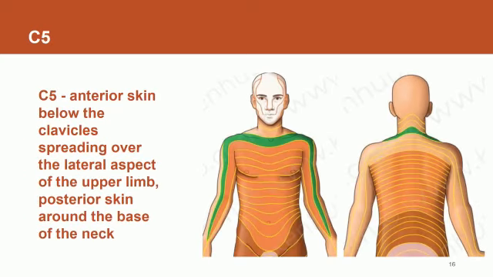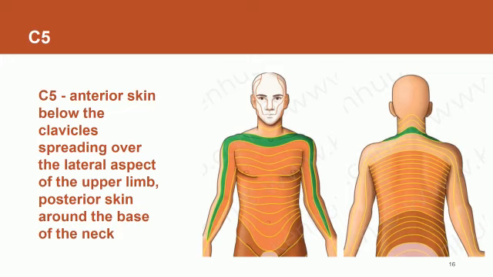C5. The way you can always remember your C5 is by the 1/3 to 1/3 rule. 1/3 down the lateral humerus, going down the lateral side of the arm, to 1/3 down the radial side of the forearm.